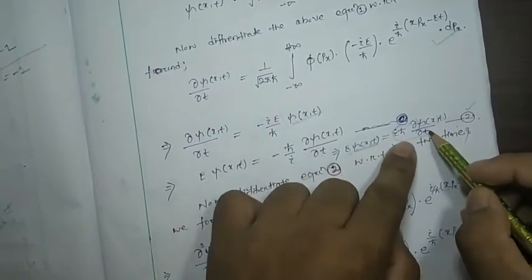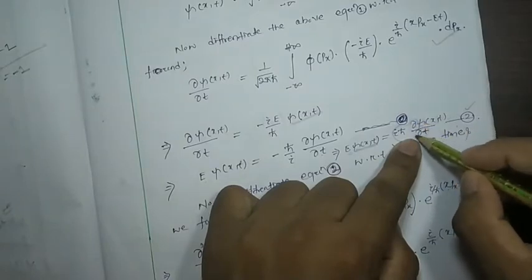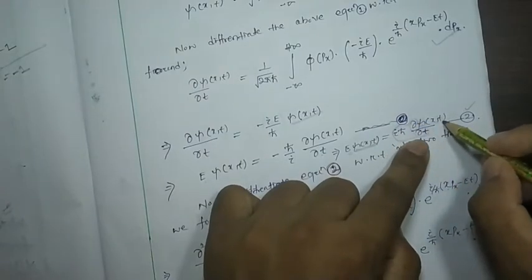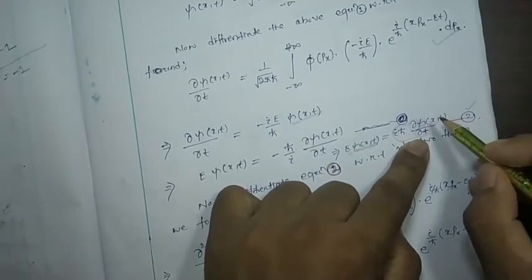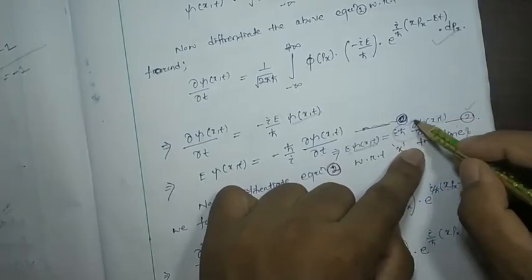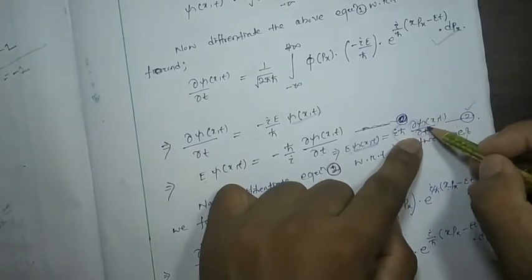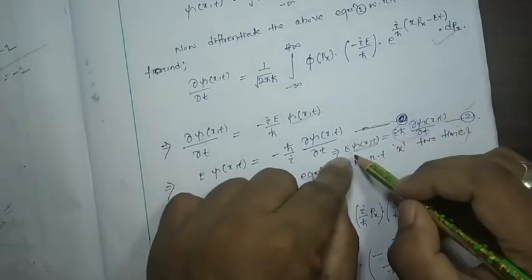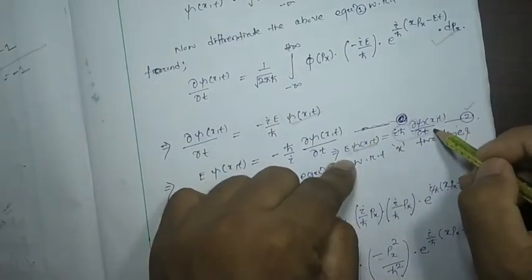The right hand side is telling us that some operation, that is the first derivative, is applied on psi(x,t). Likewise the left hand side should satisfy the physical meaning of the right hand side.